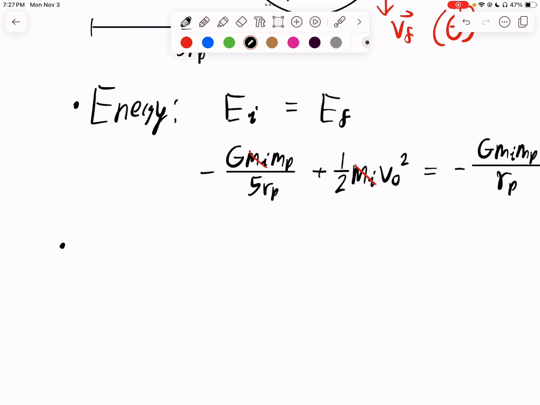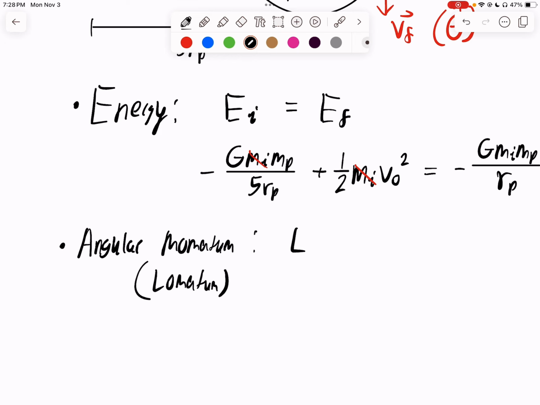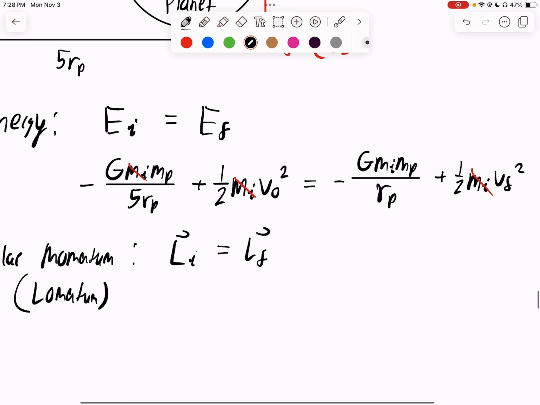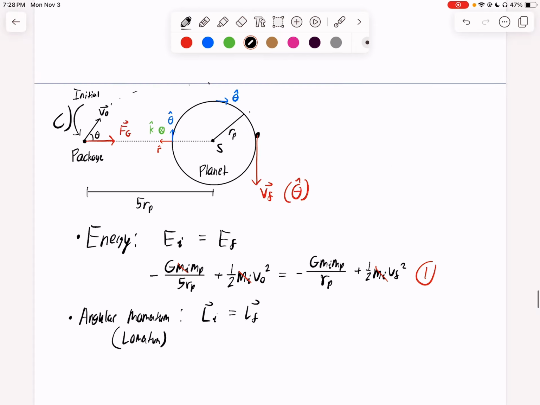We can go on to angular momentum. The angular momentum at the start is equal to the angular momentum at the finish. Remember that angular momentum is a vector quantity, because in 3D things can get complicated.